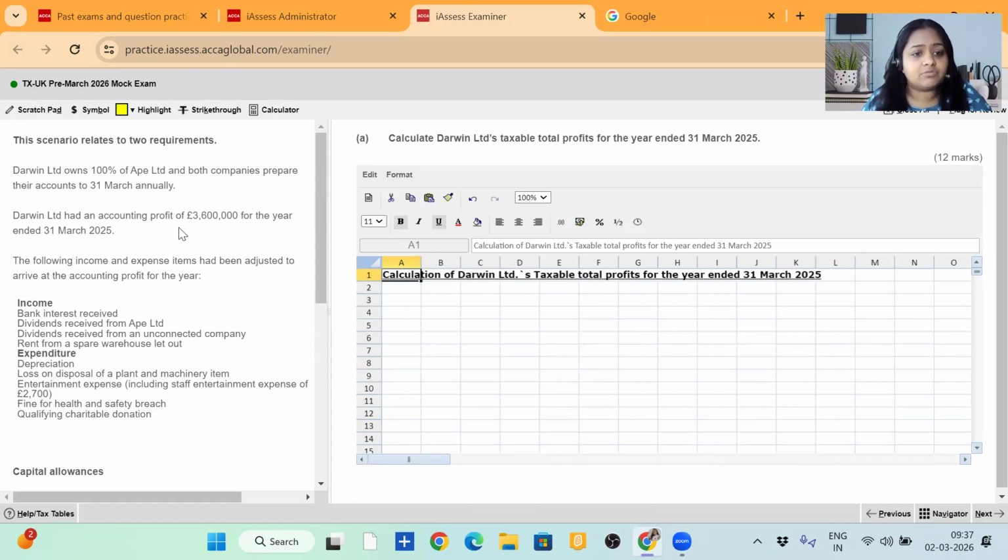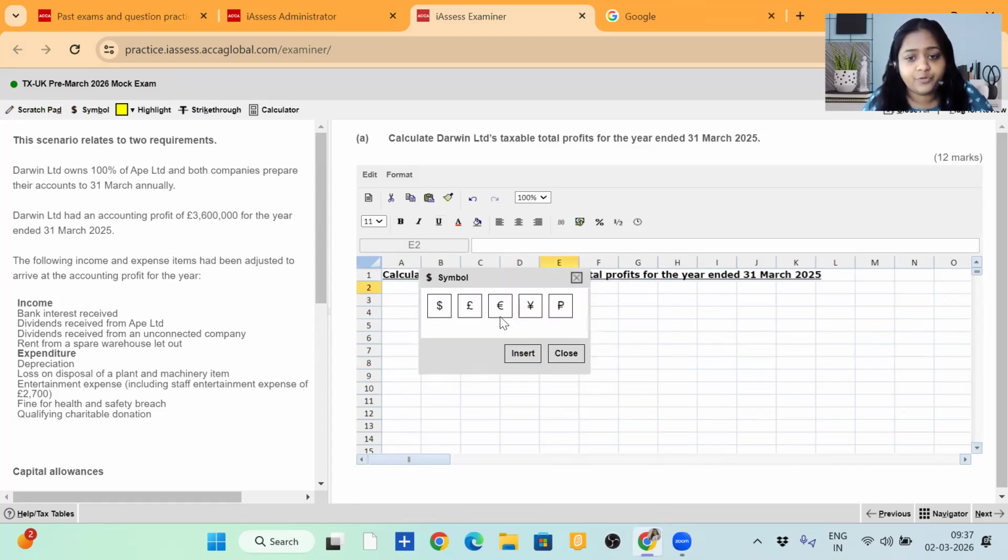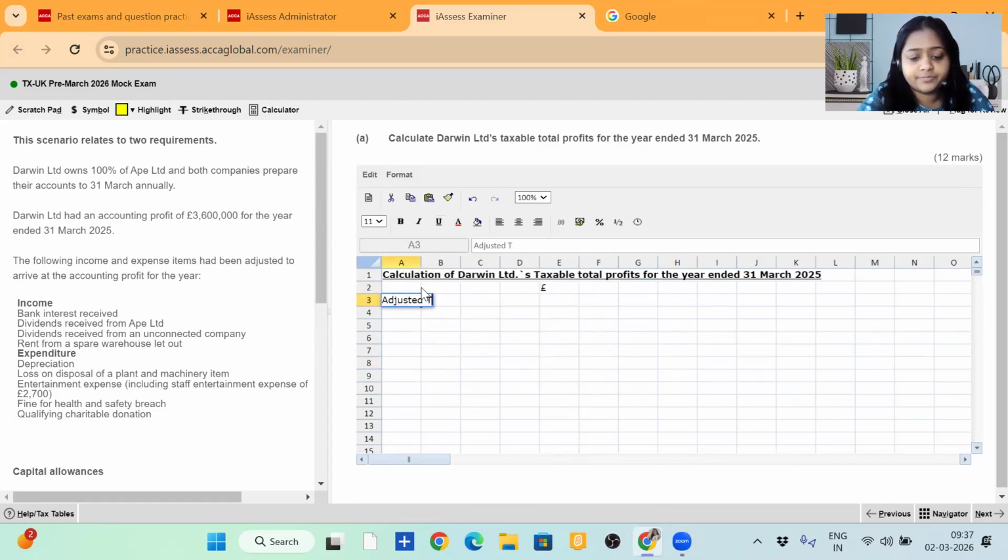Darwin Limited had an accounting profit of 3600,000 for the year ended 31st March 25. So here when I do the calculation of TTP, again I will insert the pound sign and we'll have a working to be done for the trading profit. So here I will write adjusted trading profit.